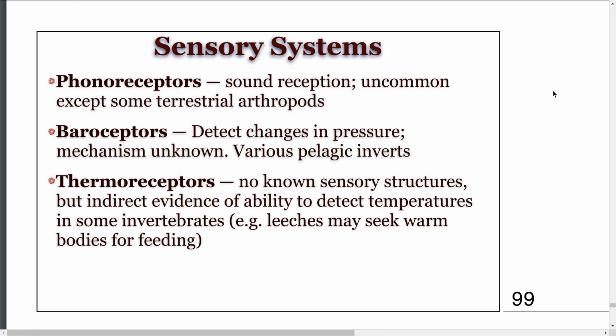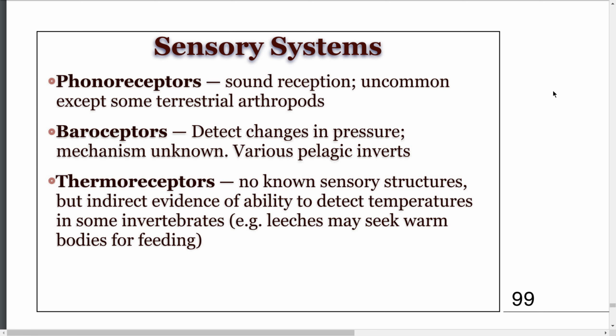Once again, the next receptors are thermoreceptors. As the name suggests, they detect temperature, particularly changes in temperature. They can be useful for detecting the right microclimates, seeking out warmer or cooler places. Some species can even use it for detecting food. Leeches, for example, look for warm bodies as a source of a blood meal.